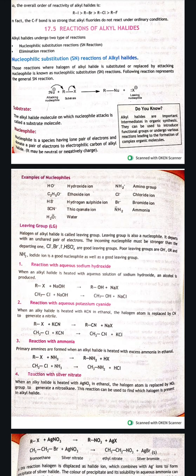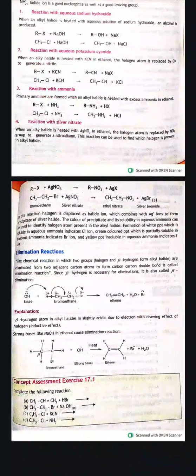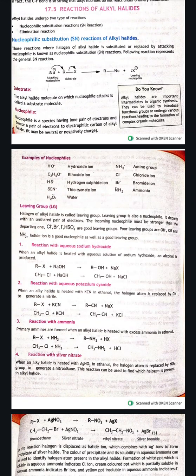Now we have reactions of alkyl halides. First is nucleophilic substitution and second is elimination reaction. Nucleophilic substitution is the SN reactions, and there are various terms used in these reactions. In general, an attacking nucleophile, which has a negative charge and is nucleus loving, attacks the positive carbon atom of the alkyl group and attaches to it.